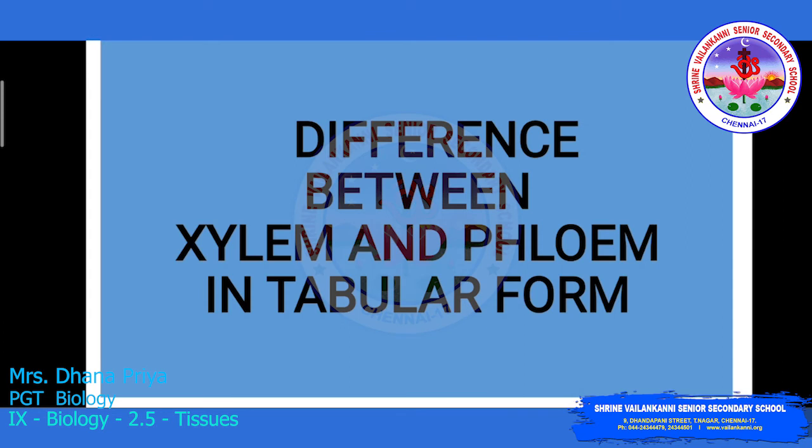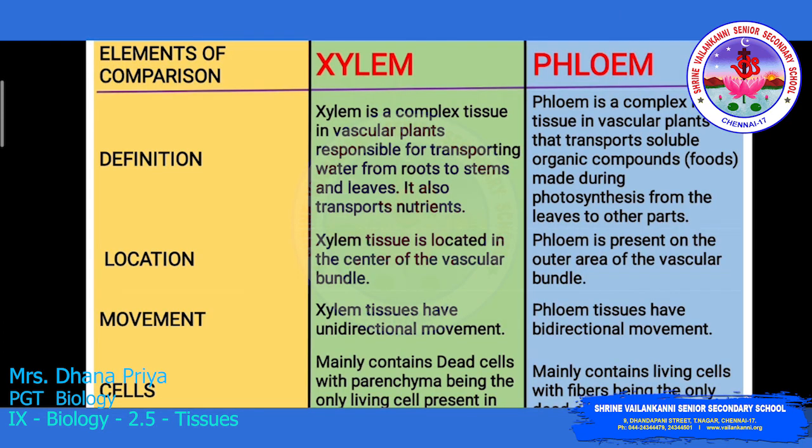Okay, so this is what the xylem and phloem vessel diagram indicates. Now the difference between xylem and phloem in tabular form. Definition: xylem is a complex tissue in vascular plants responsible for transporting water from root to stem and leaves. It also transports nutrients. Phloem is a complex living tissue in vascular plants that transports soluble organic food made during photosynthesis from the leaves to other parts.